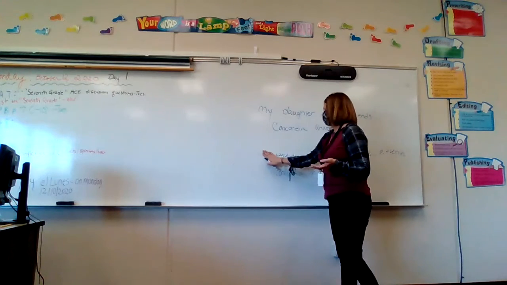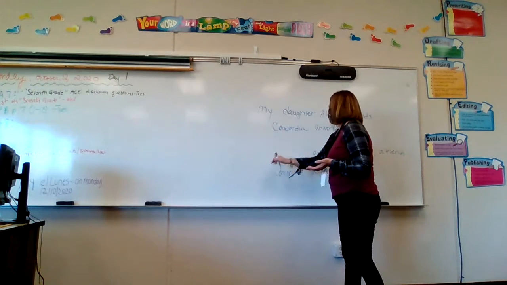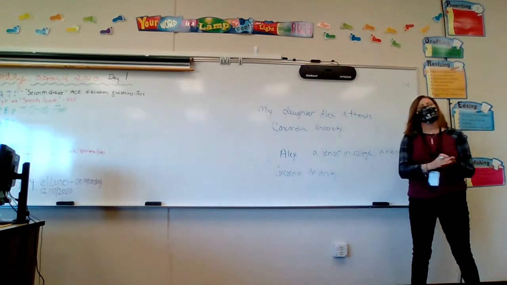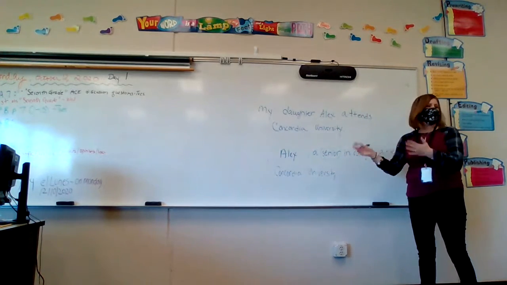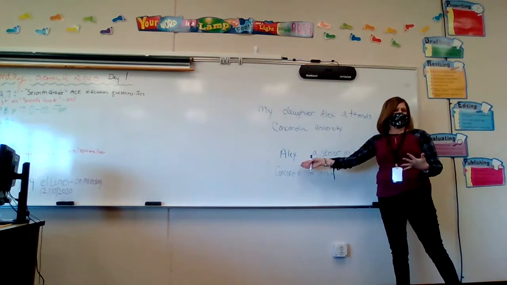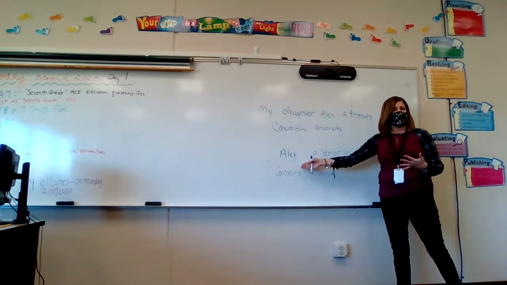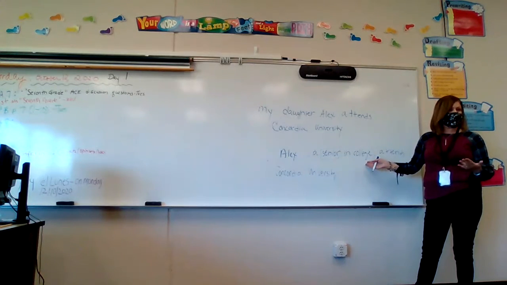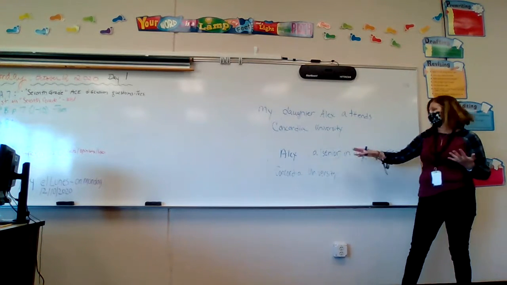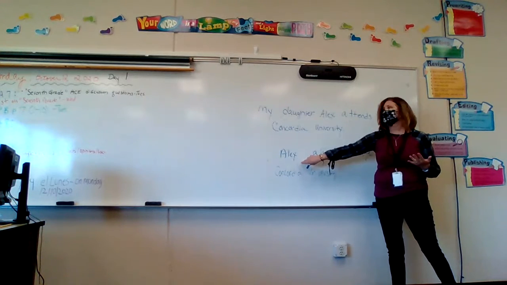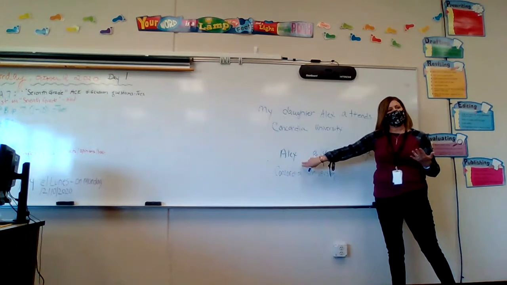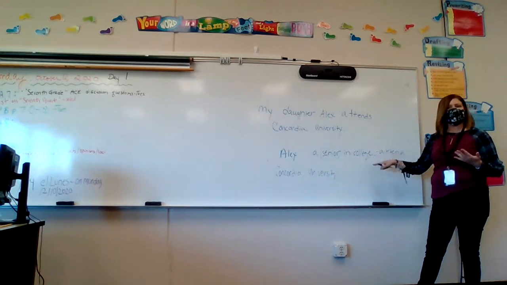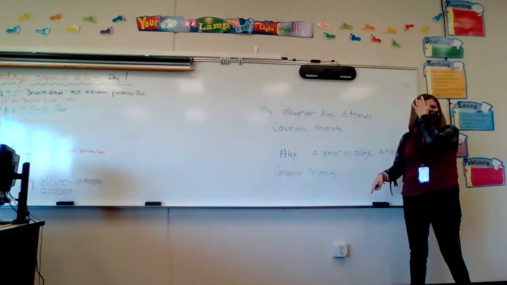I'm going to say this instead. Alex. Now you know who I'm talking about. So you really don't need this, so we call that non-restrictive. You don't need it to know who I'm talking about. So this is non-restrictive and we put commas around it.